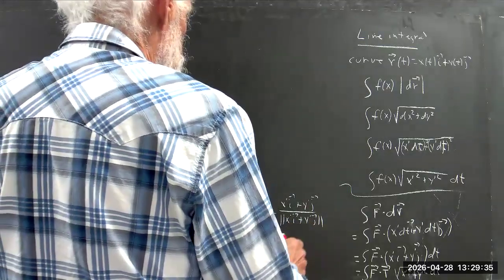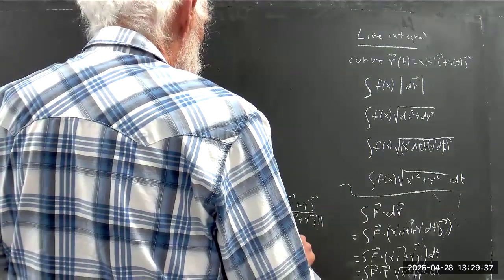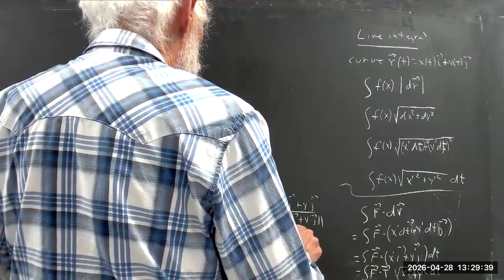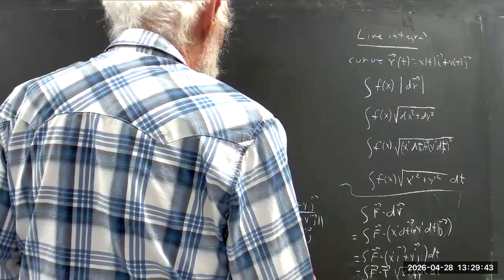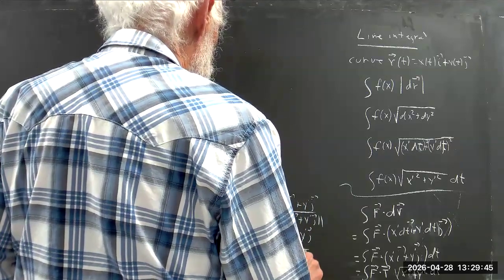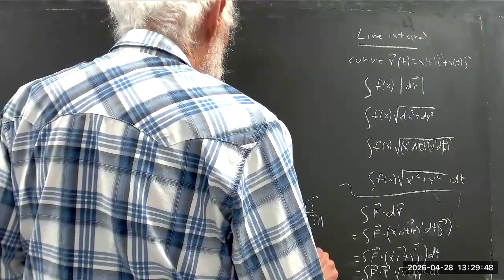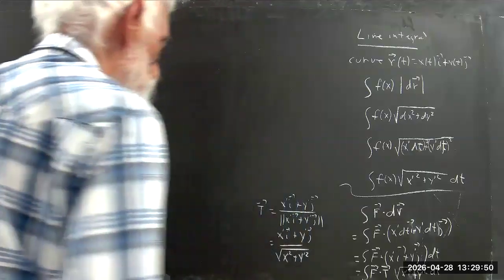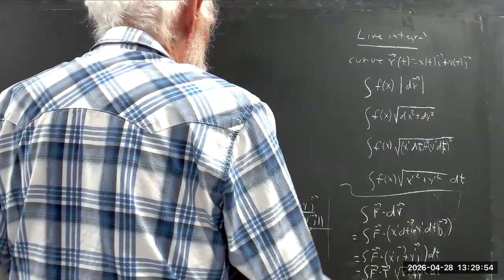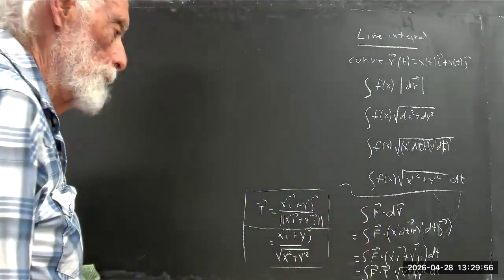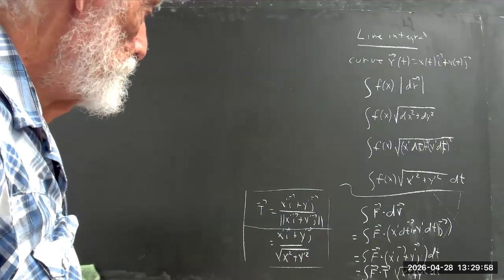What's the magnitude of x prime i plus y prime j? It's x prime i plus y prime j divided by the square root of x prime squared plus y prime squared. Now I'm saying these as I write them because they might be hard to read, because I'm trying to cram a lot of stuff onto the board.